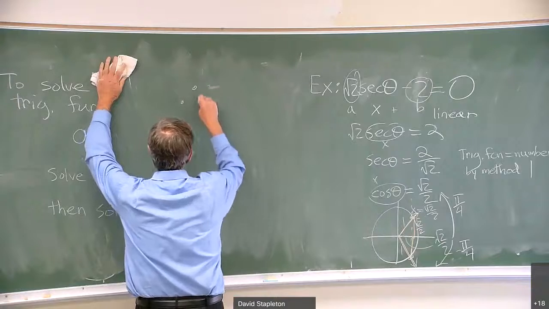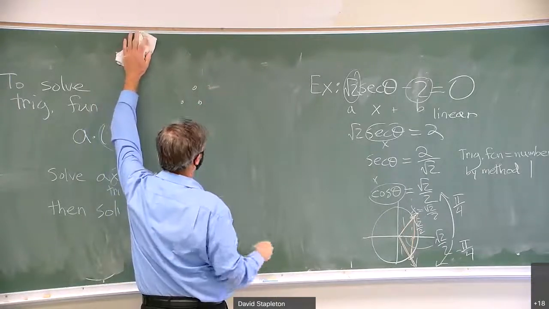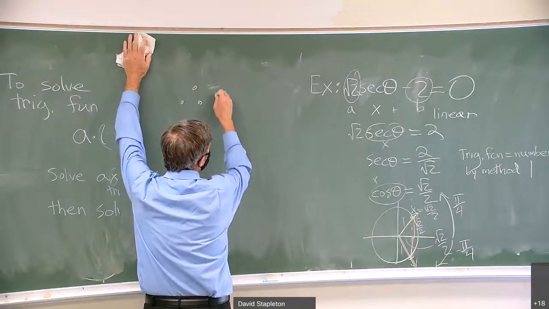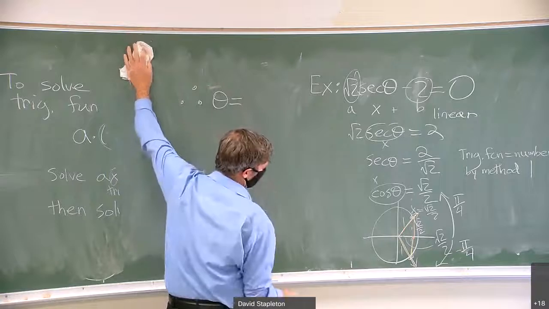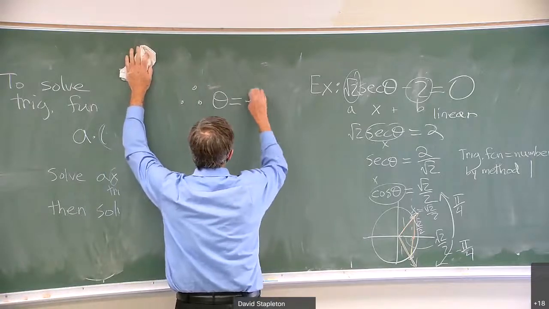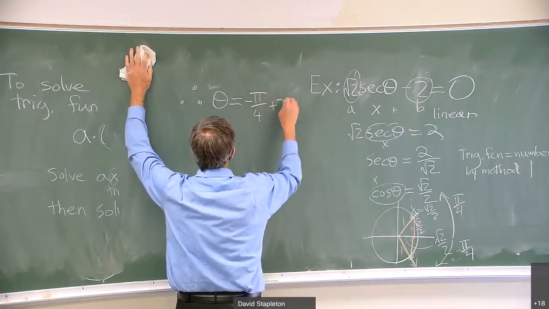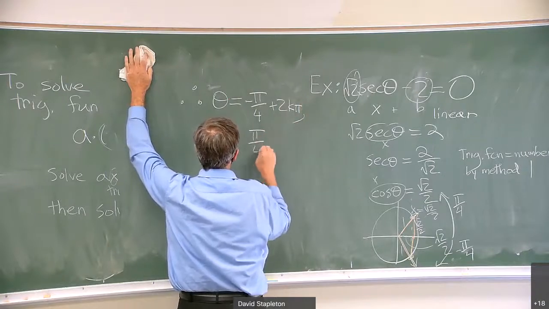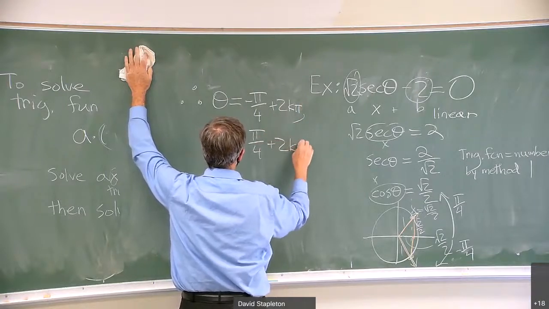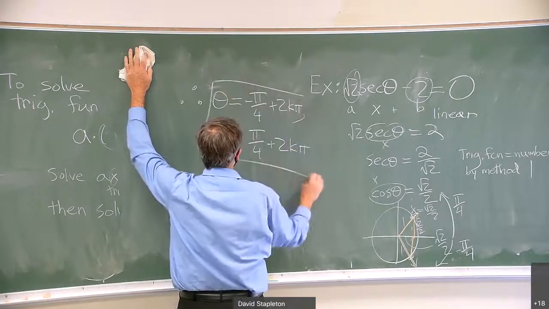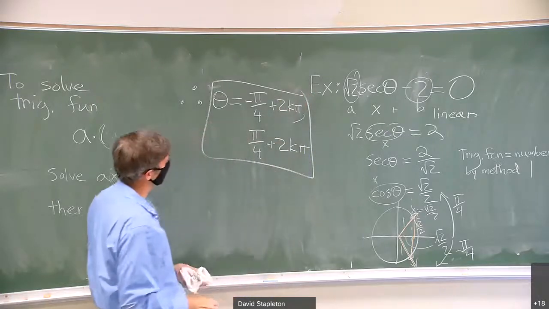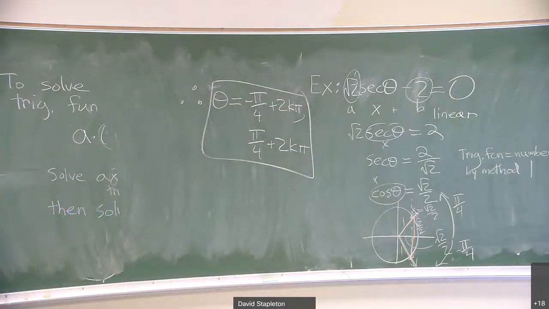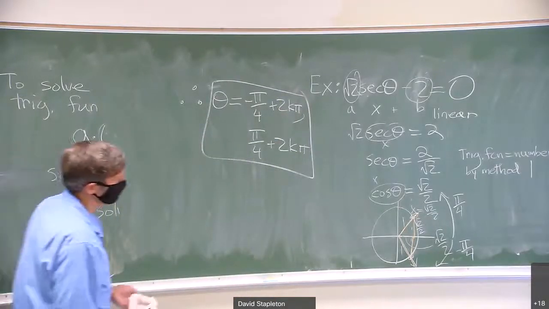I'll put 3 dots. 3 dots in mathematics means therefore. Therefore, theta can be either angle plus 2k pi. So minus pi over 4 plus 2k pi, or pi over 4 plus 2k pi. Those are all the solutions to this one. K again, you don't have to write that. Everybody assumes it.